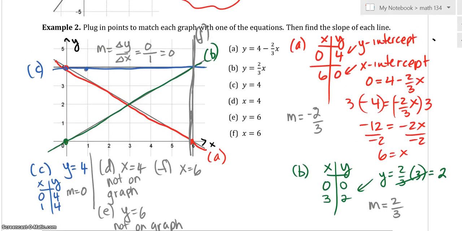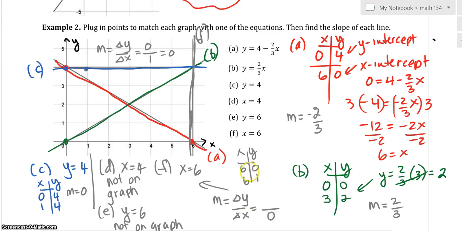A vertical line, on the other hand, let's look at F, for instance, which was the vertical line. What's going to happen there when you look at your rise over the run? This time the run is going to be 0. If you take any 2 points, x is always 6, y could be anything.